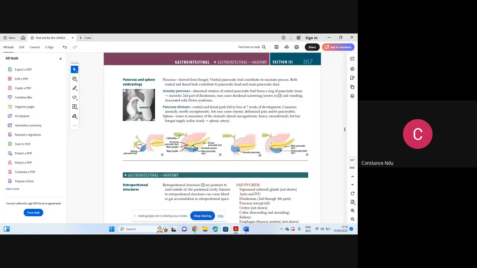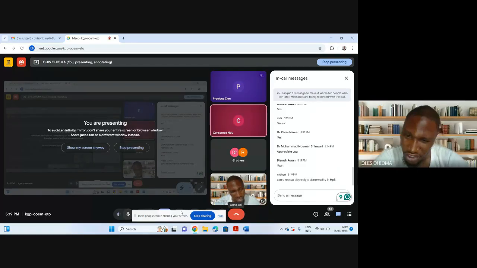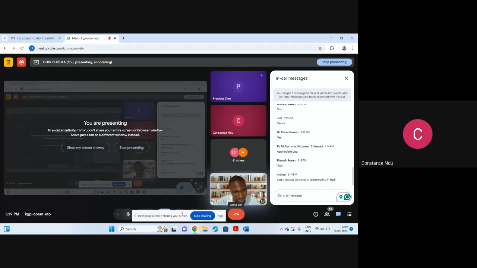Excuse me, please, is there any age associated to these abnormalities? You mean age abnormality? Yeah. Is there any age, like the one of hypertrophic pyloric stenosis?